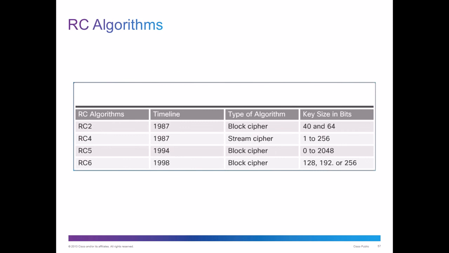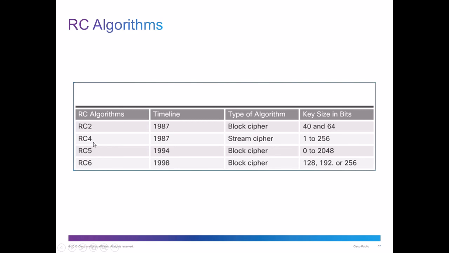Here are the RC algorithms, like I told you earlier: RC2, 4, 5, and 6. RC4 is stream. Stream means you take 1 bit at a time to encrypt, a byte at a time. Block means you take a block of data and encrypt blocks of data, which is a little bit quicker.